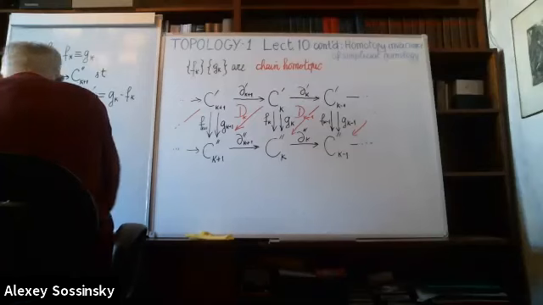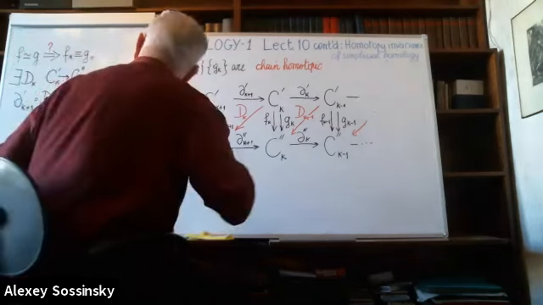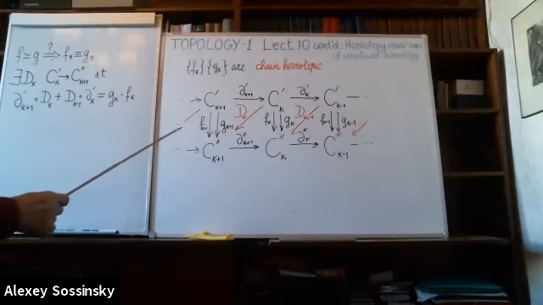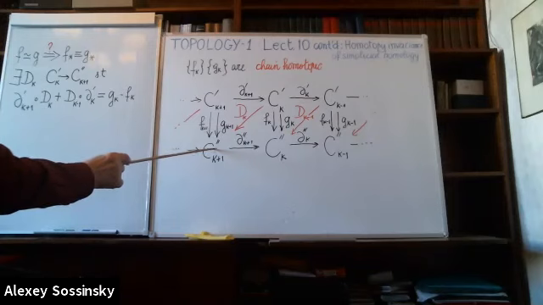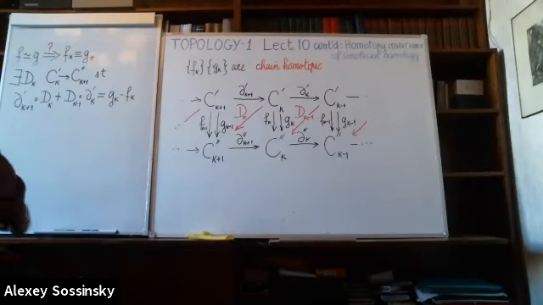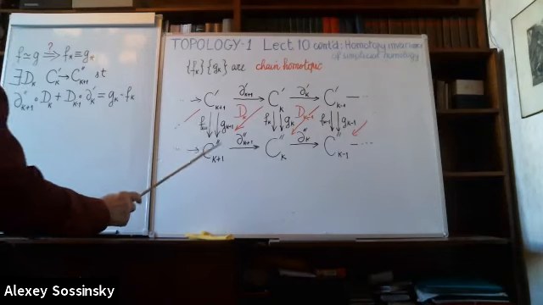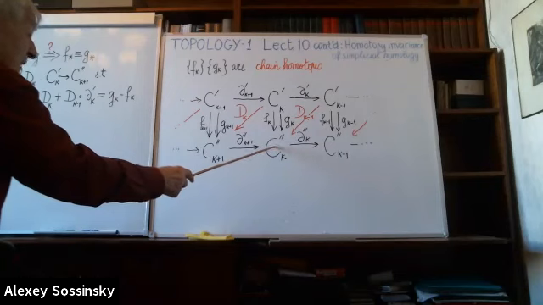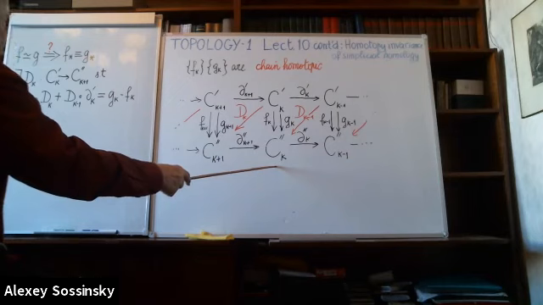So let's look at the picture. What does this equality say? It says that if first you do dk, then you do d double prime here, we get a chain here, and to that chain we add the following chain.